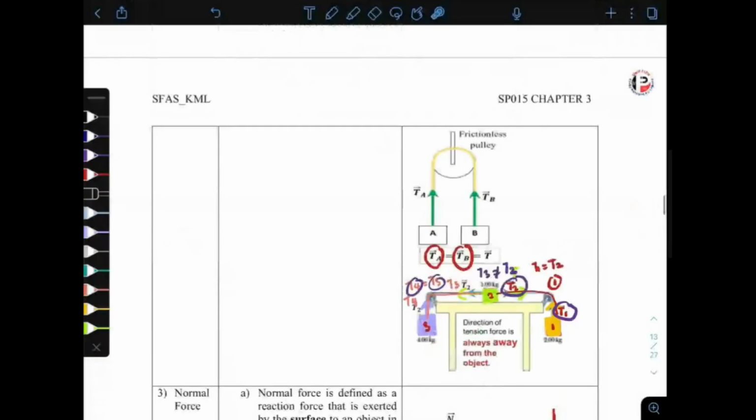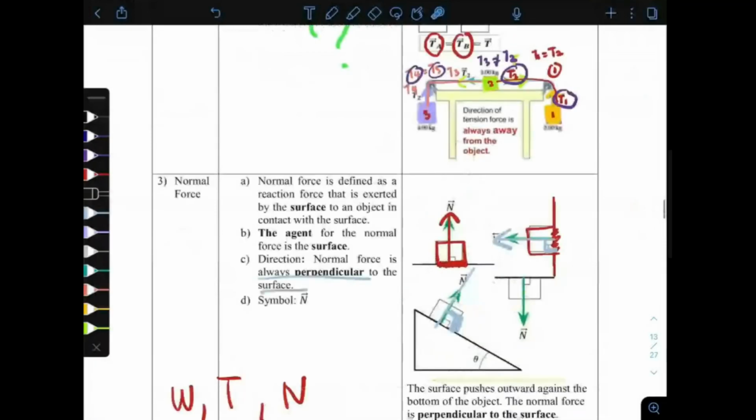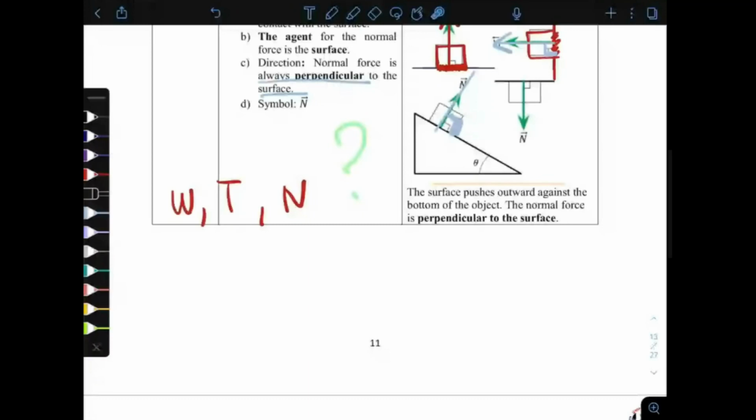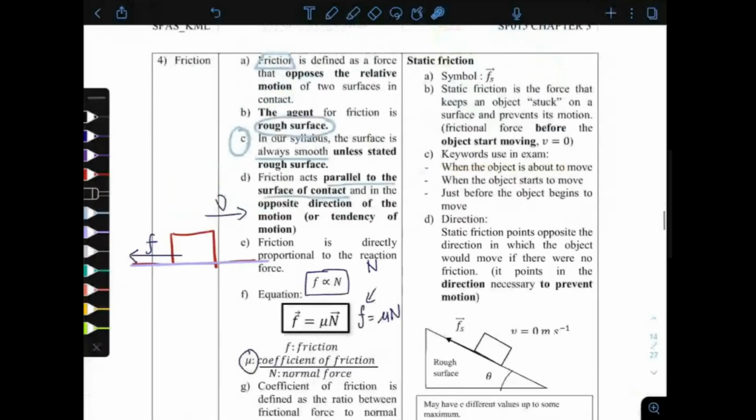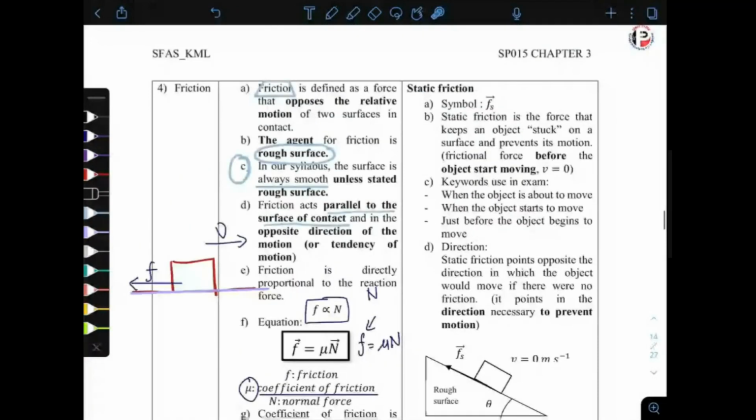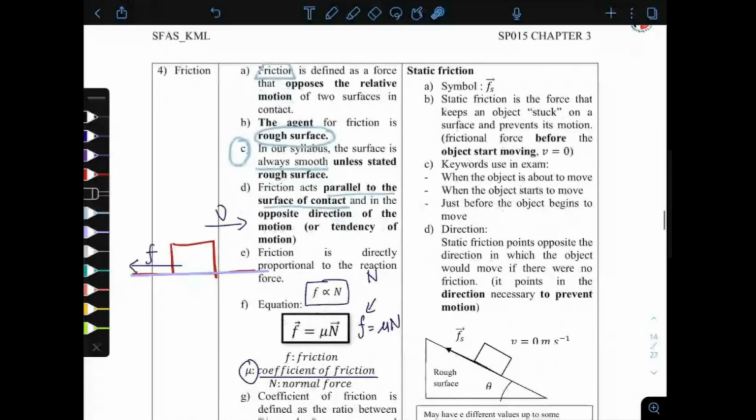Tension, tak ada. Normal force pun tak ada. Thus, kita akan cari nilai-nilai ini menggunakan kaedah calculation yang nanti kita akan tengok menggunakan equilibrium of forces.